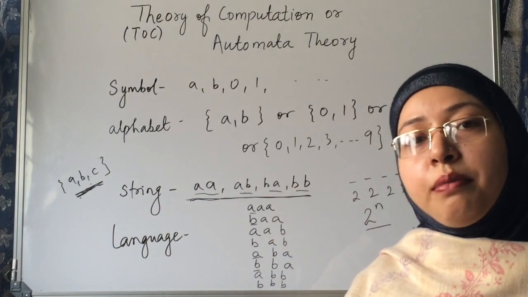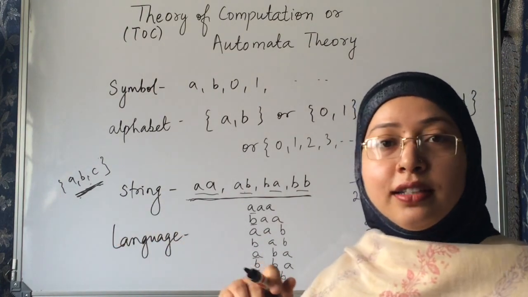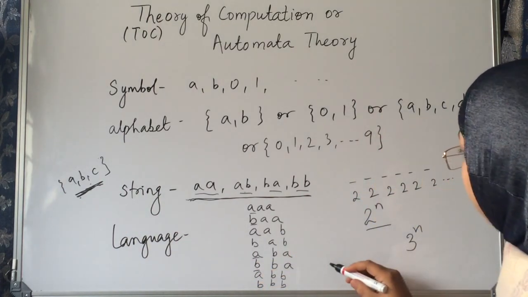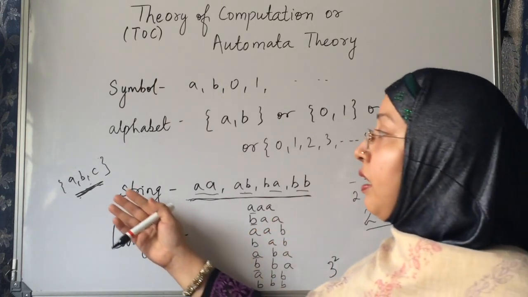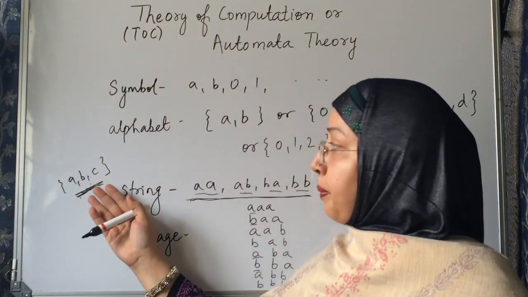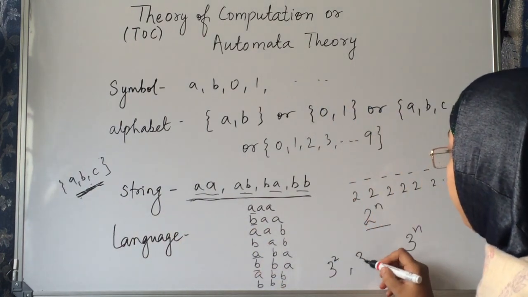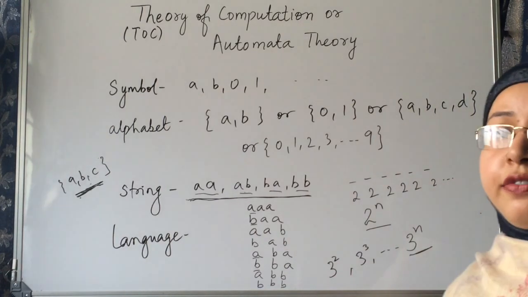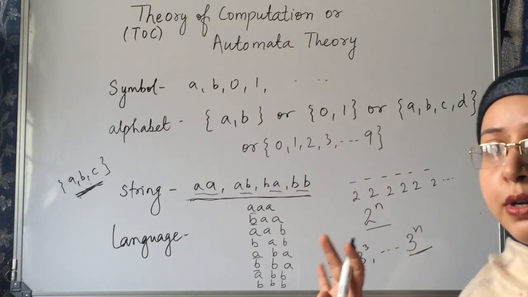Of length 2, 3 to the power of 2. Of length 3, 3 to the power of 3, and so on, and for length n, 3 to the power of n. Okay? This is how many strings are possible.